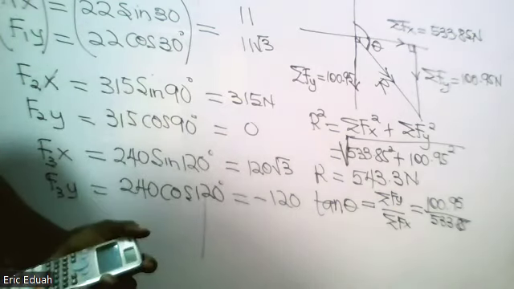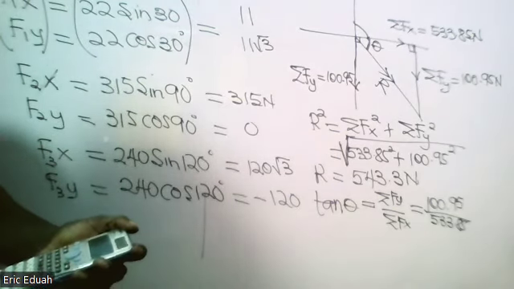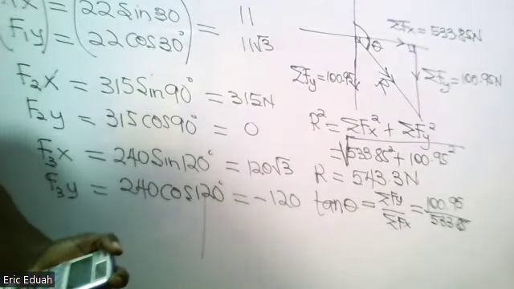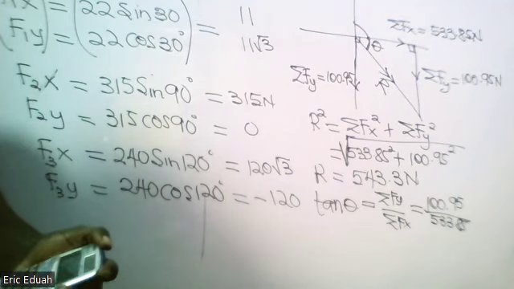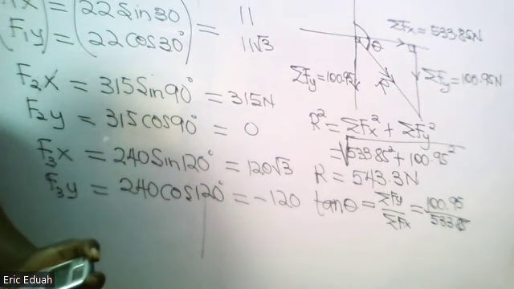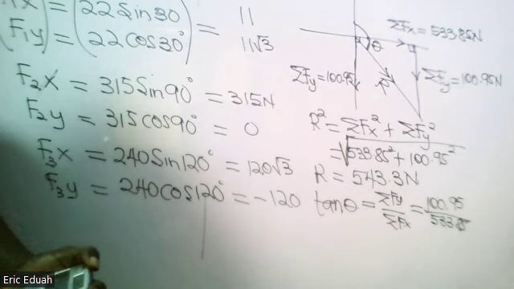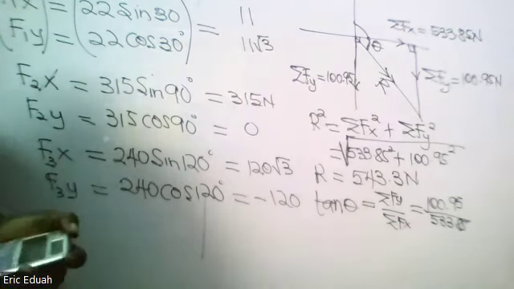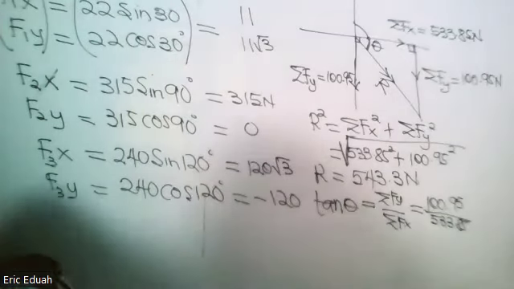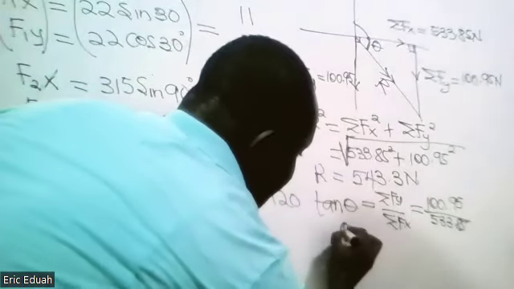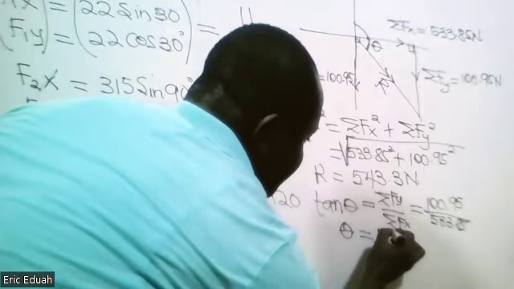Divide 100 by 533.85. And this is it. When you finish, take the tan inverse of your answer and you are good to go. And you have approximately 11. Theta is approximately 11 degrees.